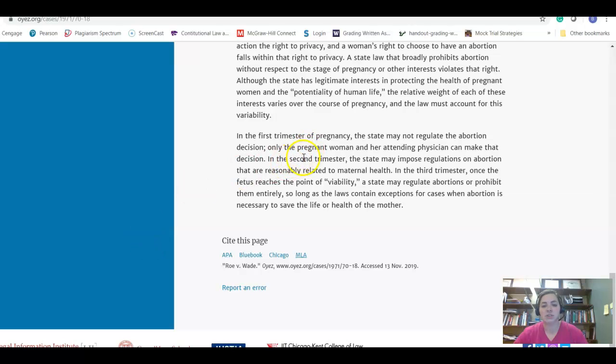Once the child reaches viability, then the government has a legitimate government interest. In the second trimester, it's kind of a balance. The government can impose regulations that are reasonably related to maternal health.